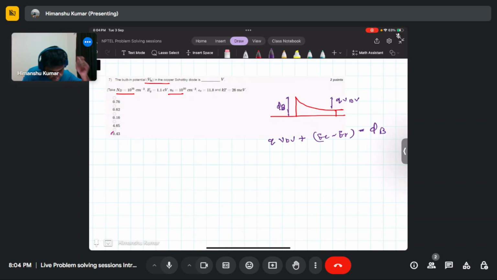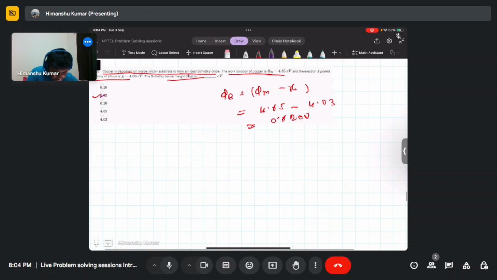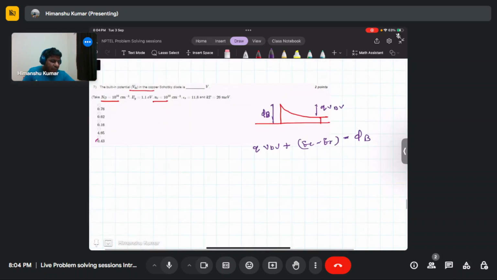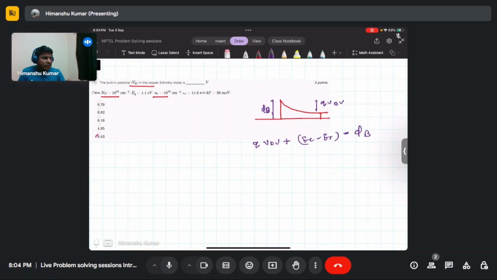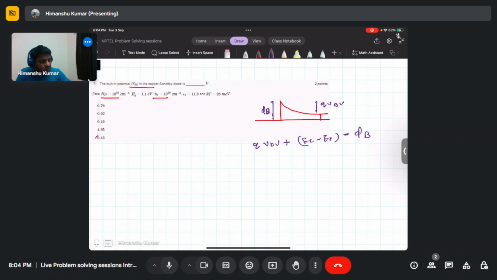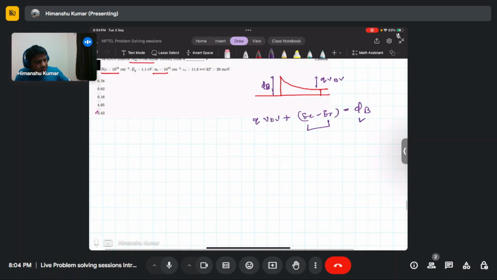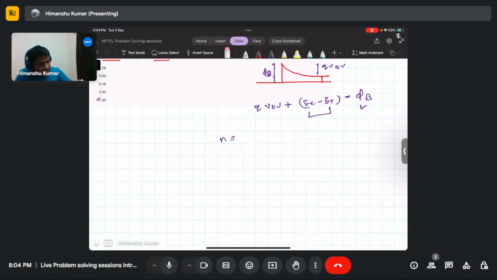You know the Schottky barrier height, and if you know Ec minus Ef, then you can calculate it. The electron concentration is given as ni times the exponential of Ec minus Ef divided by kBT.